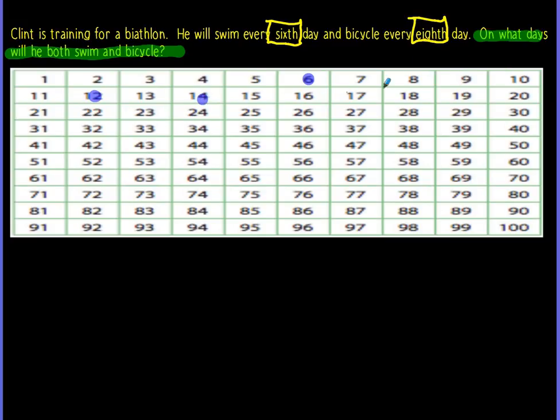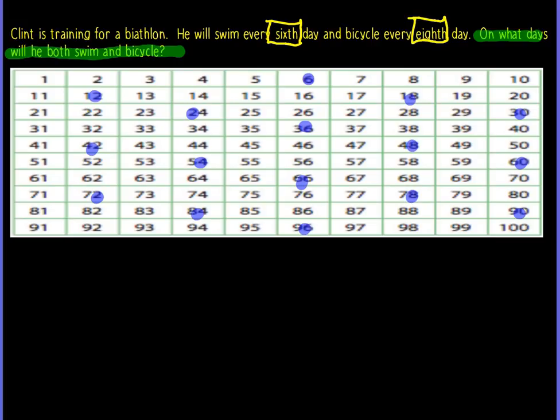You'll start to notice that those 6th days that I'm marking are all multiples of 6: 66, 72, 78, 84, 90, 96, and that's as far as we're going.